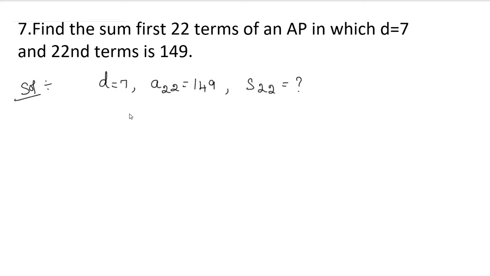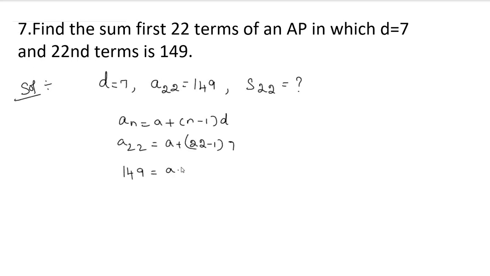Now I'm going to find A in this case. So how shall we find A? We can substitute and find. An is equal to A plus n minus 1 into D. I am going to use this formula. So A22 is equal to A plus 22 minus 1 into 7.